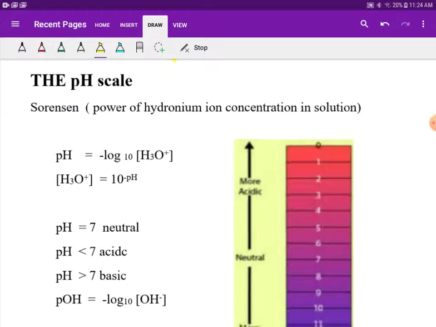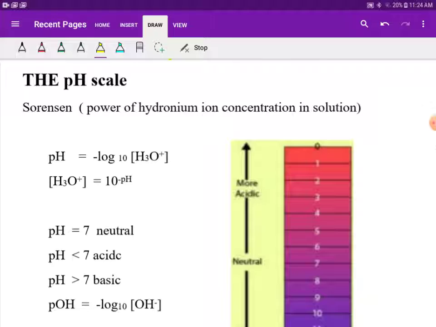Then the pH scale. The scale was introduced by Sorensen to express the acidity or alkalinity of an aqueous system in terms of the power of hydrogen ion concentration present in the solution.